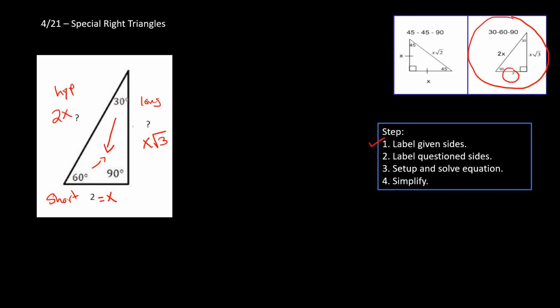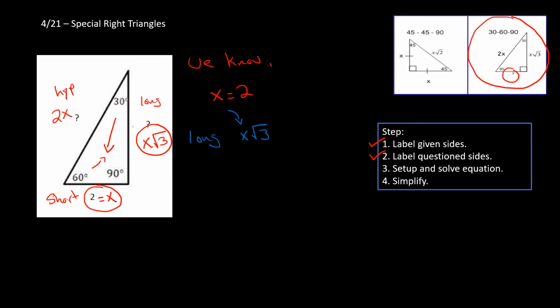So we labeled our sides, we labeled our question sides, and then we need to solve. Well, the solve is interesting here as we need to identify what we know. So we know that x is equal to 2. If I know that x is equal to 2, I want to look at this part here. To solve for our long, is that x square root of 3? Well, do I know what x is?